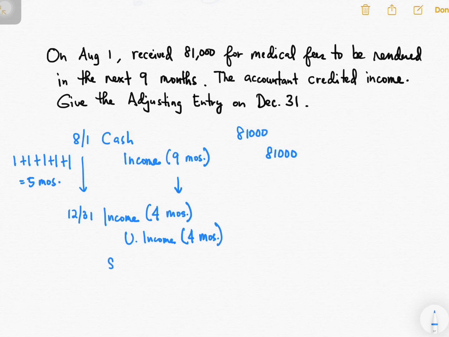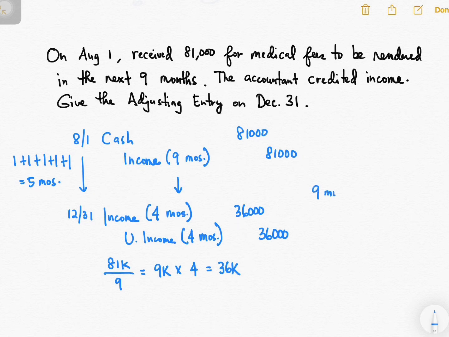How much is the amount for 4 months? So get your total, 81K, divided by the number of months. So per month, it's 9,000. You want to get the amount for 4 months? Answer is 36,000. So this is your answer. And as I said before, if you are doing income method adjusting entry, you are concerned with the unearned portion.